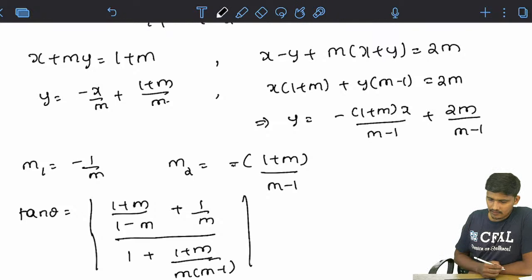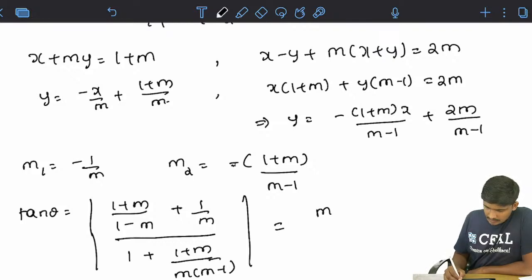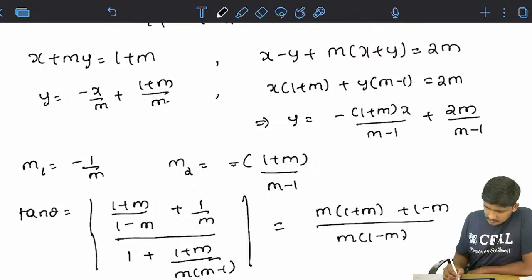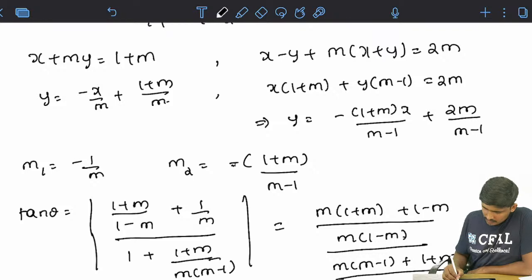Is that okay? Fine. I hope this is clear, right? So this will be equal to, I'll just take the LCM. After taking the LCM, this is m into 1 plus m plus 1 minus m, whole divided by m into 1 minus m, divided by m into m minus 1 plus 1 plus m divided by m into m minus 1, its magnitude.